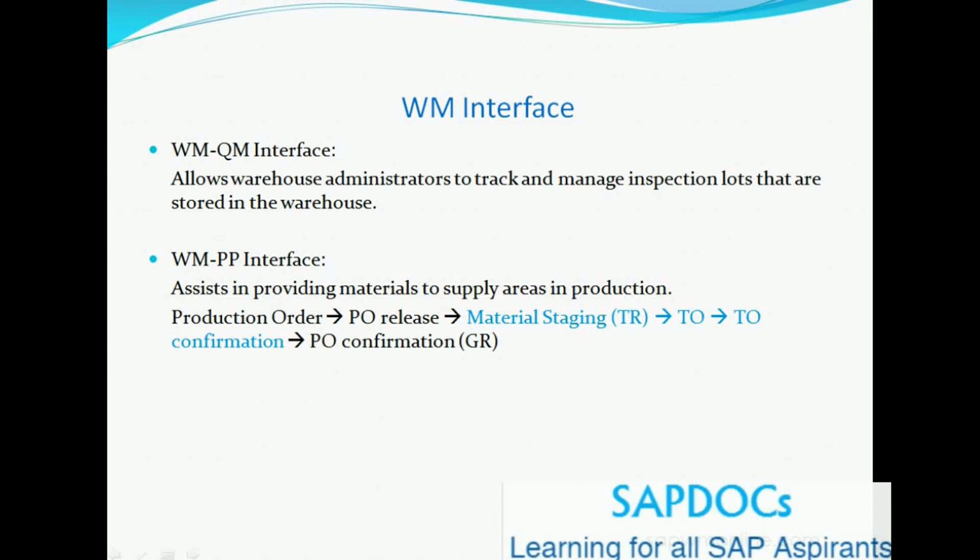So once this transfer requirement is created, it is converted into a transfer order, the child components are picked on the basis of this transfer order, and the transfer order is confirmed. Once the transfer order is confirmed, the child components are available in the production supply area for taking on the production line to produce the final finished goods assembly.